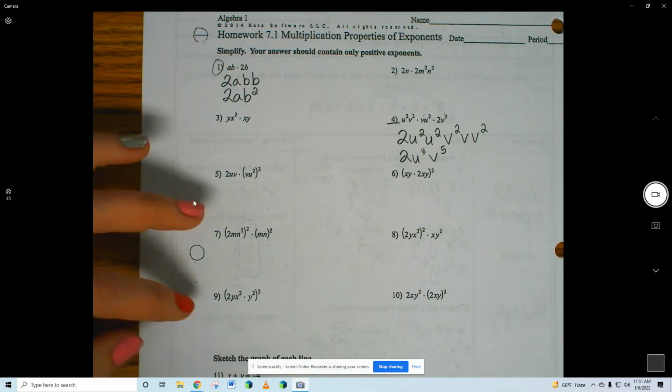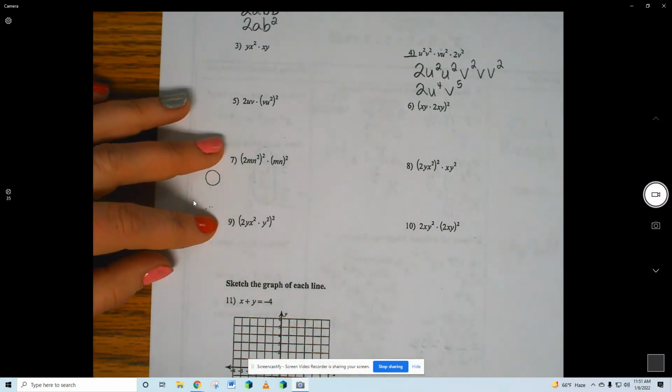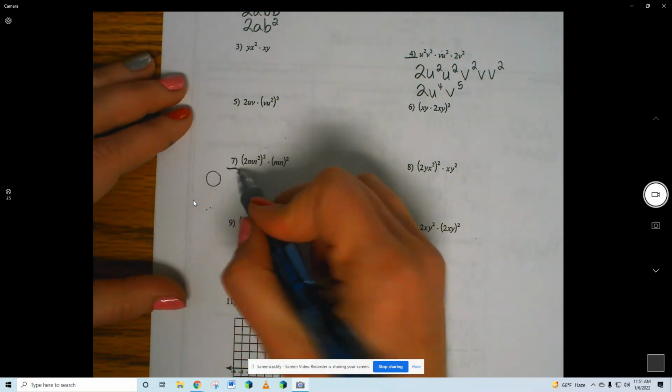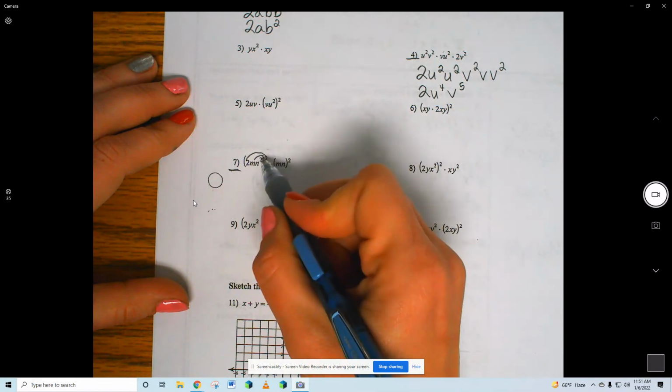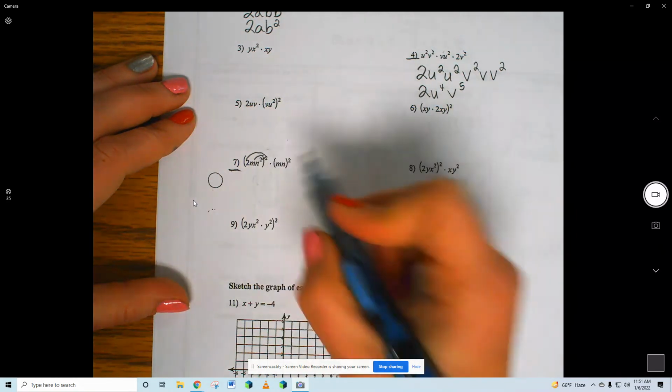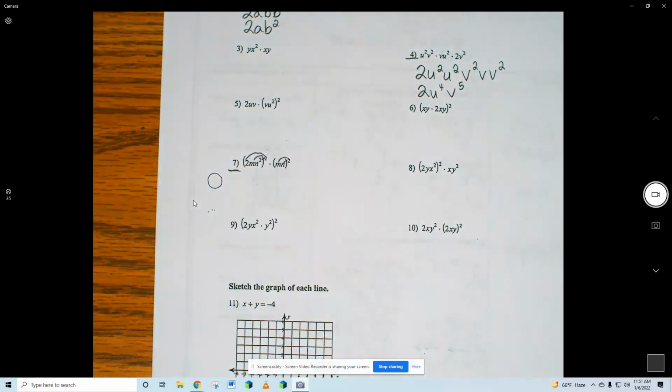Do you guys want me to do 7 or 9? Those 2 are harder than 6. 2 goes to the second. M goes to the second. N squared second. Everything goes to that exponent out there.